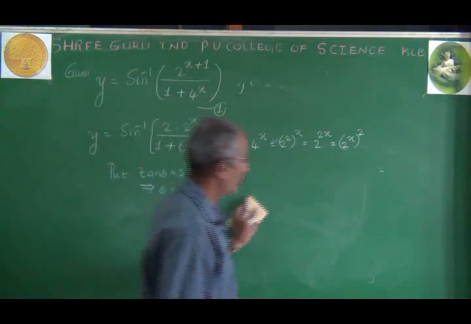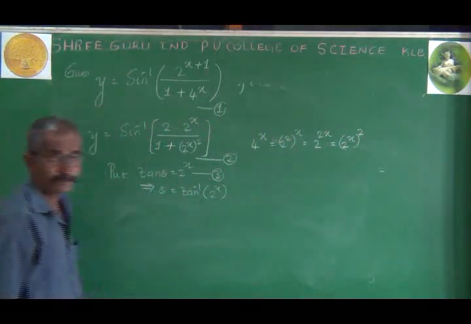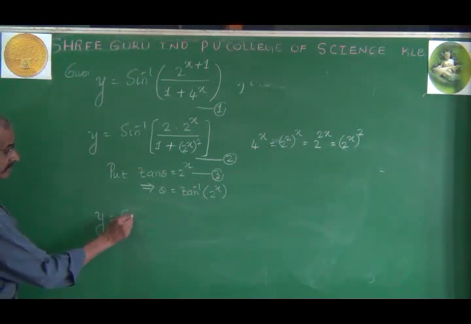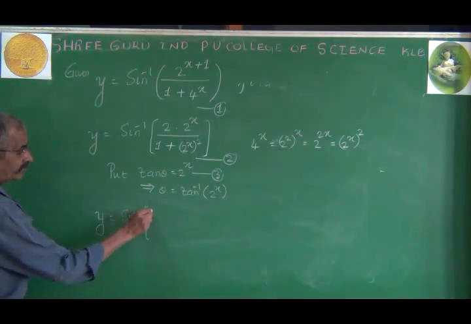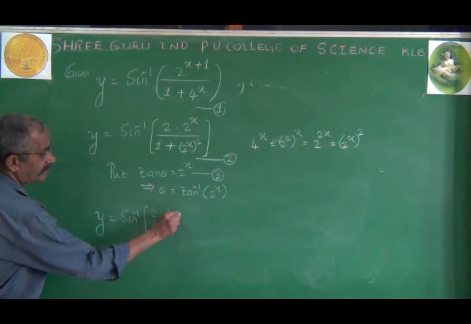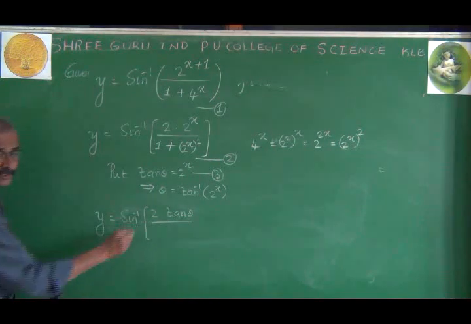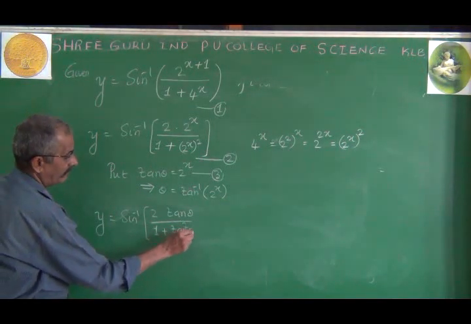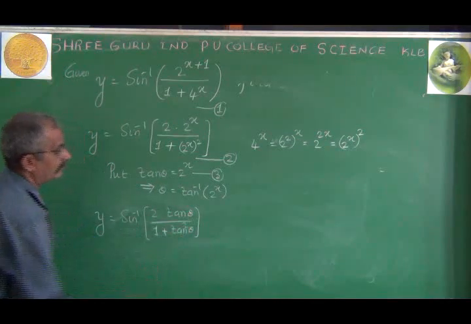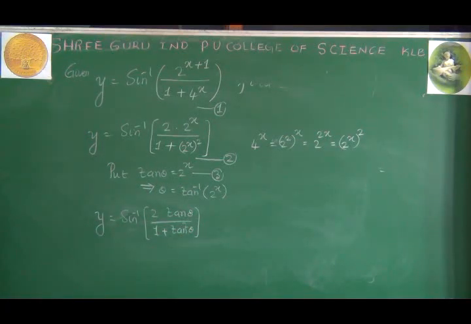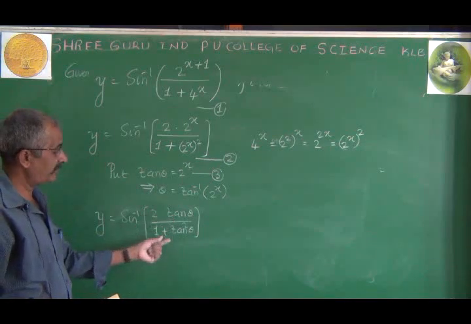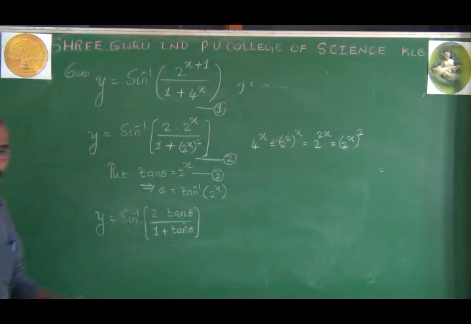Let's use this in 2. On using this substitution in 2, y equals sine inverse of 2 into tan theta divided by 1 plus tan square theta. Once again, a well-known trigonometry formula, used so many times: 2 tan a by 1 plus tan square a is equal to sine 2a.